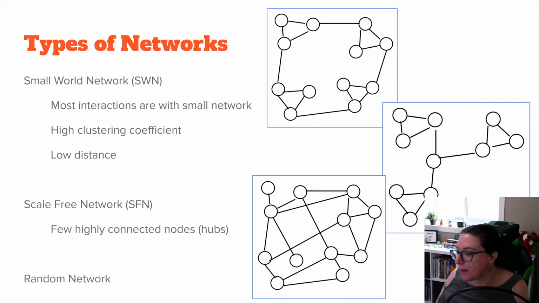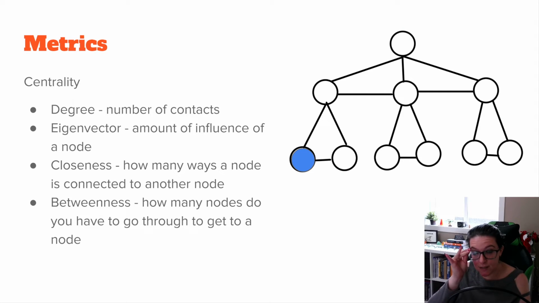Okay, so we're going to be looking at some different metrics, and most of these metrics are centrality. So the idea here is that we are looking at how centralized, in particular, we can look at how centralized an organization is. So if this is an org chart, how centralized is the organization?